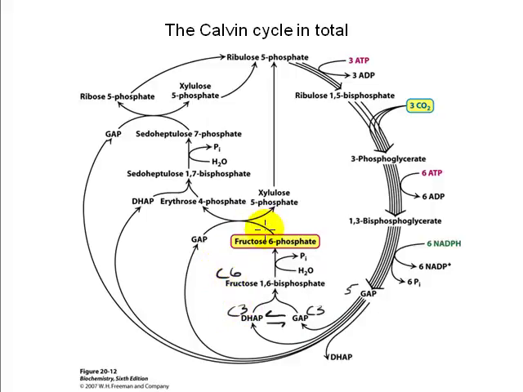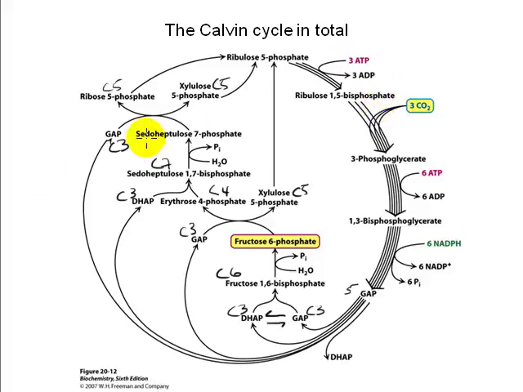Combine that C6 and another C3, we get a C5 and a C4. Combine that C4 with another C3, we get our C7. Add a C3 onto that C7, and we get 2 C5s. Those reactions convert our 5 C3s to 3 C5s. Phosphorylation using ATP then regenerates RuBP.